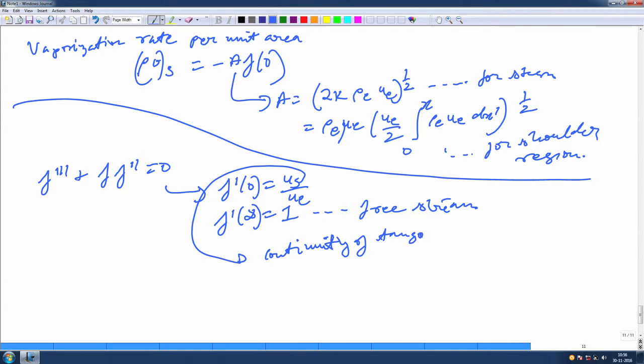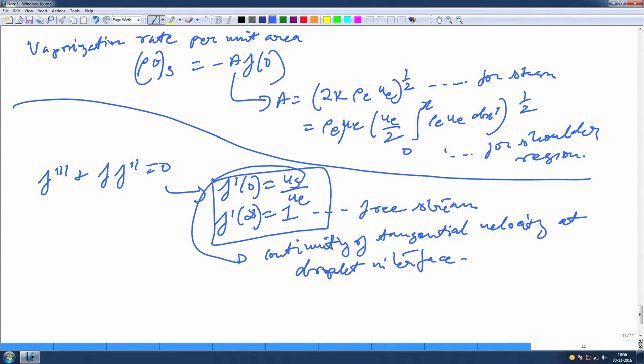Got it? Okay. So, these 2 boundary conditions, as you can readily see, one is applicable for the free stream, where u approaches the free stream, and the other one is the tangential velocity at the droplet interface.